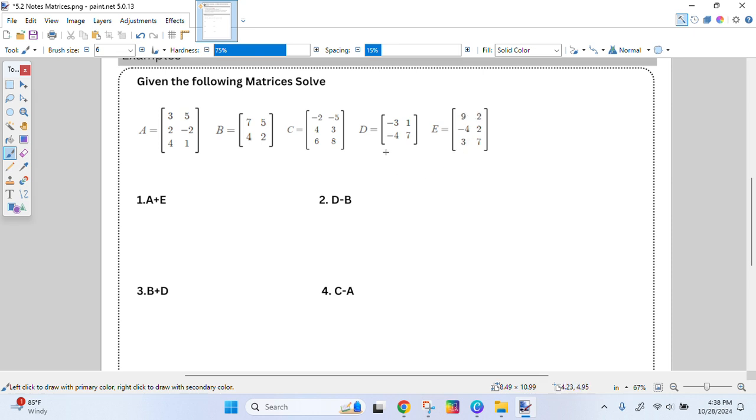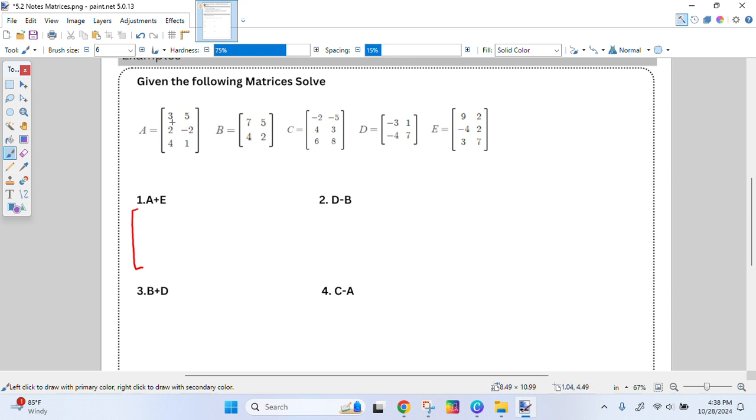Since they have the same dimensions, I can add those together, no problem. So I'm going to start by setting up my brackets, and I am going to add A to E.